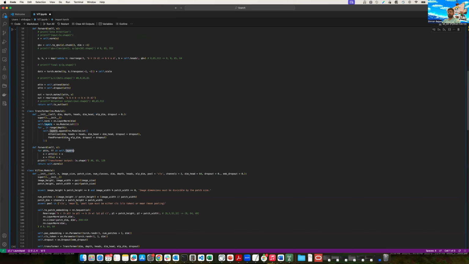In several layers, each of these layers will have an attention layer and a feed forward layer. And yeah, attention is here, feed forward is here.